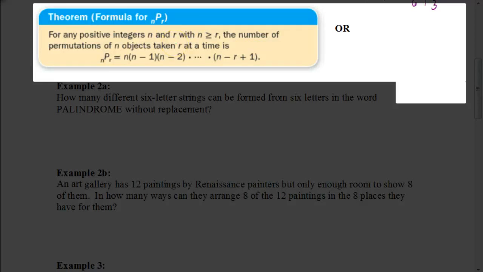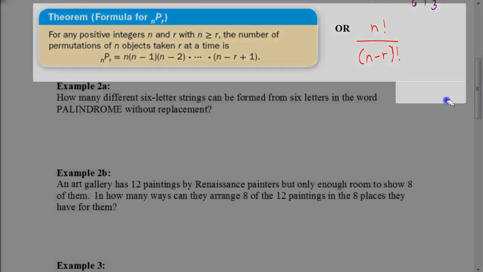But there's another method that we could use, and that's this. It would be taking n factorial divided by n minus r factorial. Now what does factorial mean? Factorial just means that you multiply all the numbers from that particular value all the way down to 1. So 3 factorial is the same as 3 times 2 times 1. So that's what the factorial does.